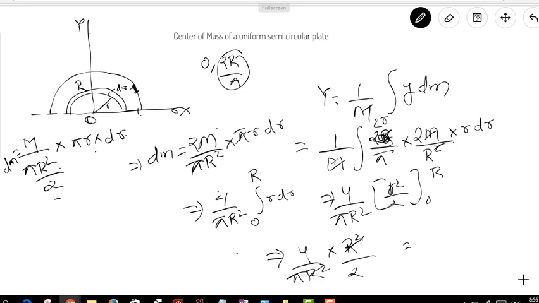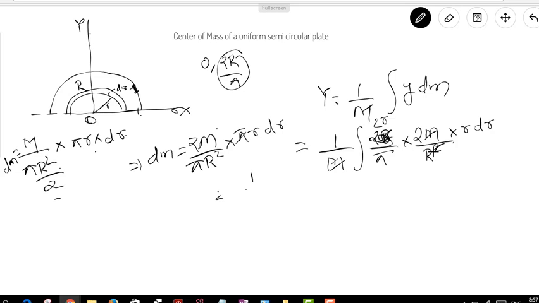I'll have to start from scratch again. This will remain r square, and then we can just take 1 by pi r square outside, and this 4 will be outside. Then we are left with r square dr.